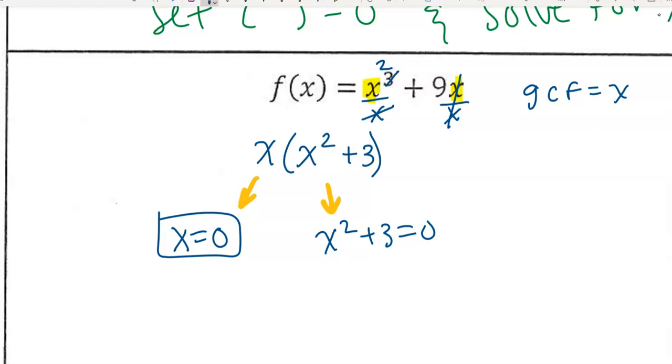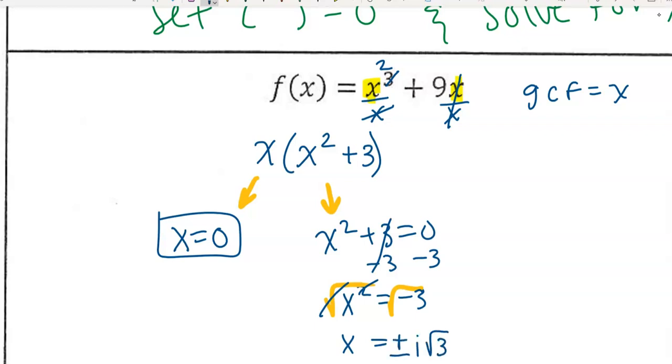And here, let's solve. Now we need to take the square root of both sides. And x equals the square root of a negative number. We can't take the square root of a negative, so it's going to stay plus or minus i square root of 3.